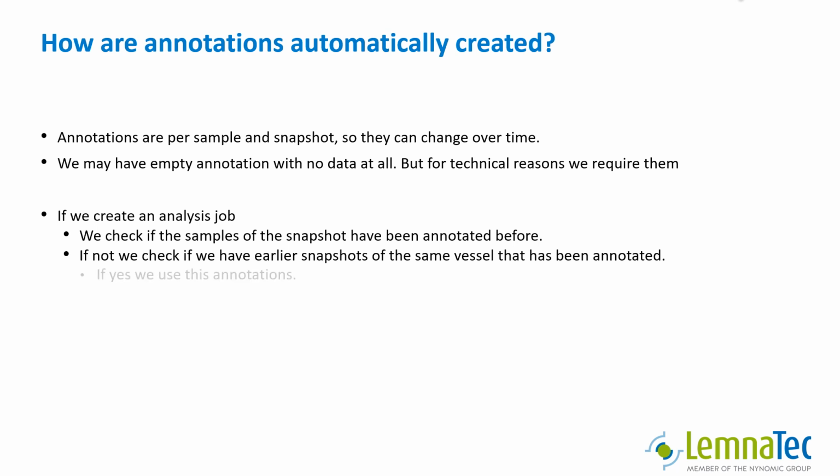If we find such snapshots, we use the values from the latest of them. Therefore, if you have annotations that do not change over time, then you need to annotate only the first snapshot of each vessel. If we have no prior annotations, we use the default values defined in the experiment definition.